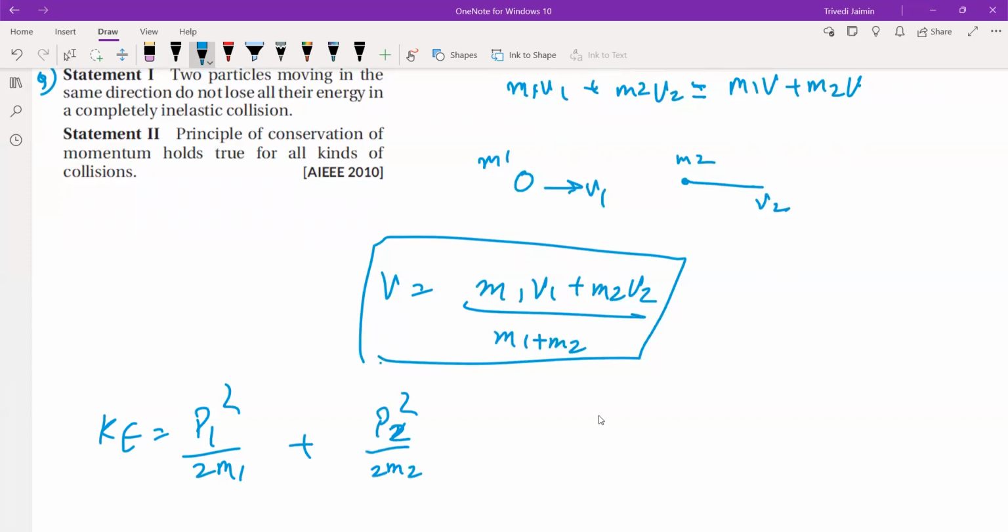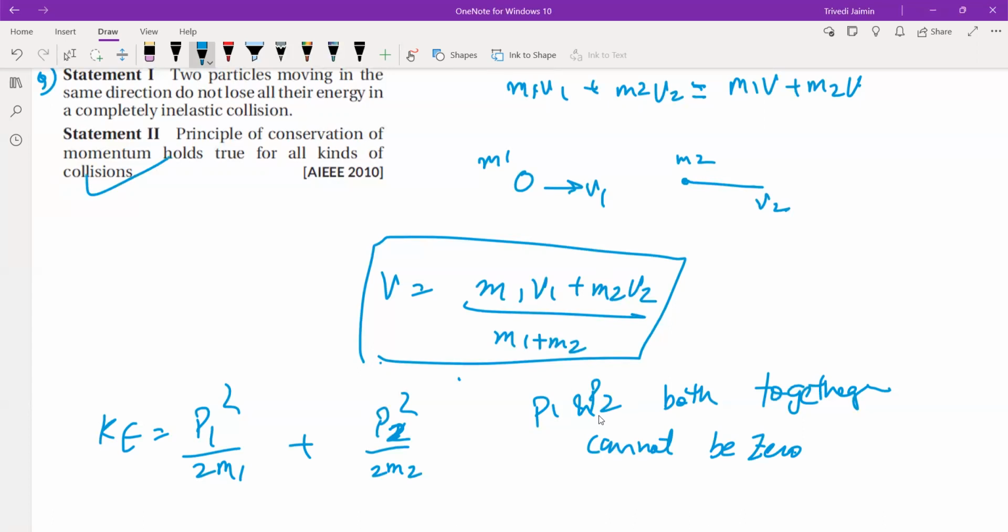Therefore, what we can say from this is that p1 and p2 together cannot be 0. And yes, this is the true explanation for the first one. So both are correct.